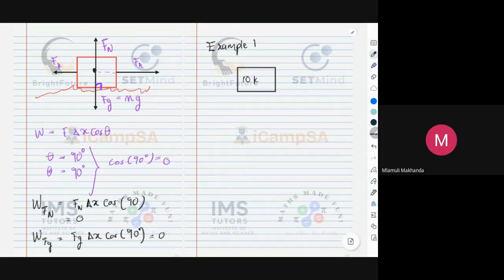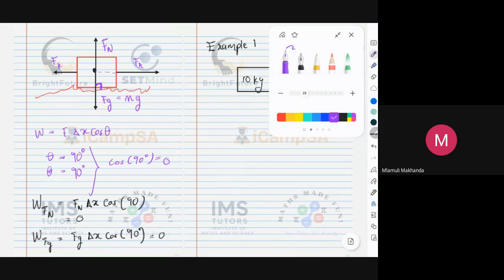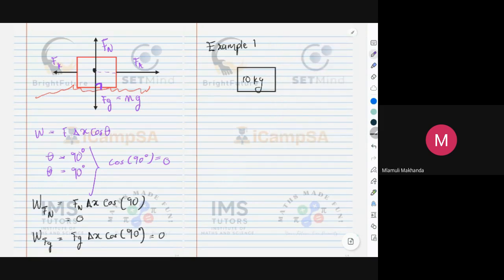Our 10 kg box. There's a force applied here.